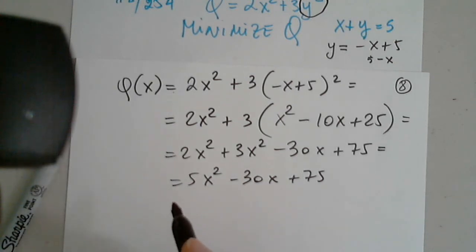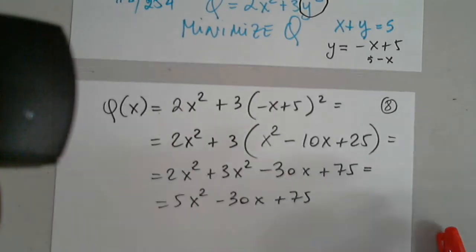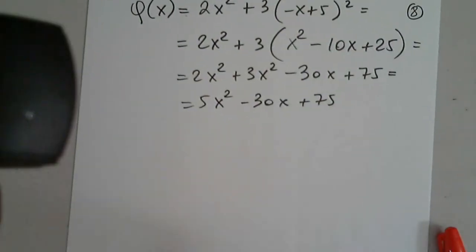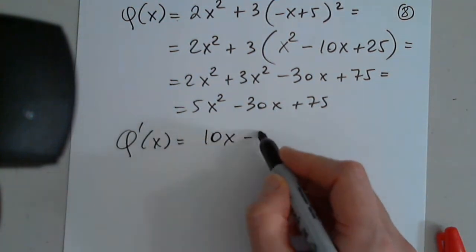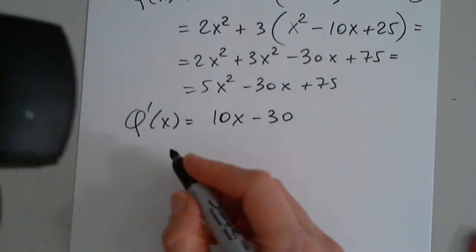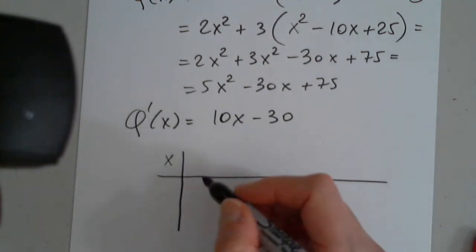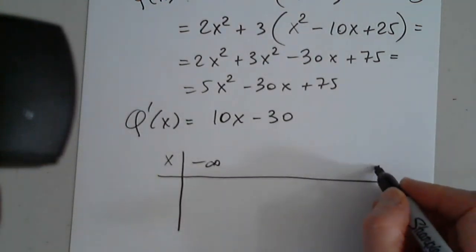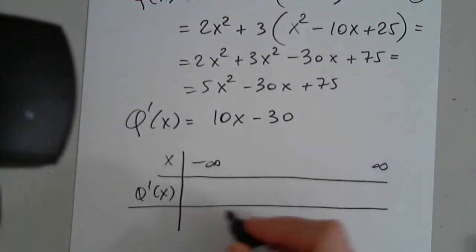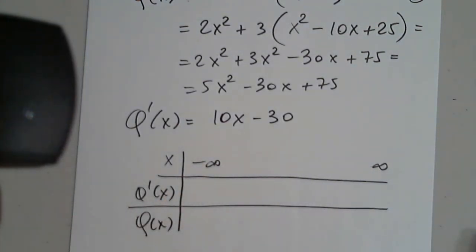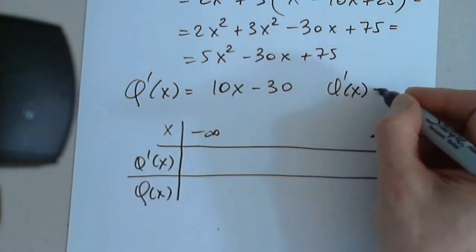So in order to find the minimum of this function, what do I have to find first? Derivative. Thank you very much. So q prime is 10x minus 30. It's quadratic, so domain all real numbers, q prime and q of x. So q prime equals 0.